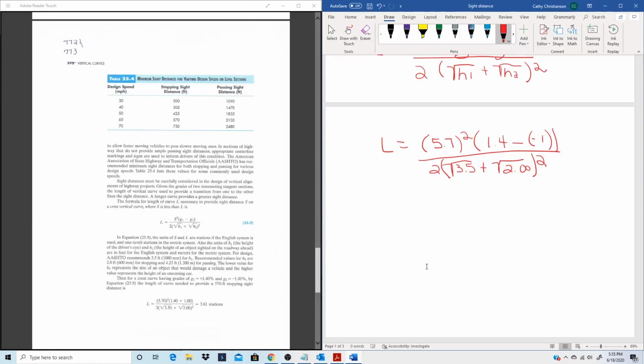So I'm just going to put the top in first. I got 5.7 squared, and that's my sight distance in stations. And I'm going to multiply that times the 1.4 plus my 1.